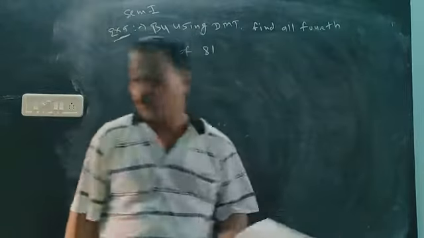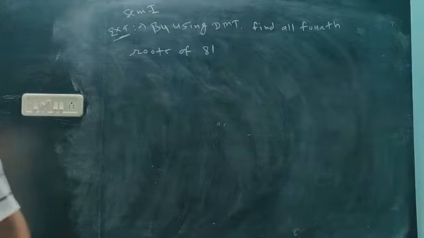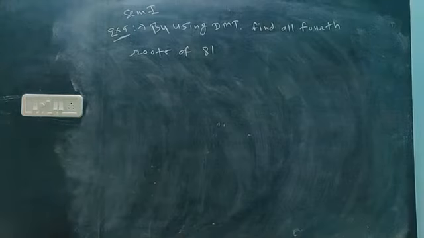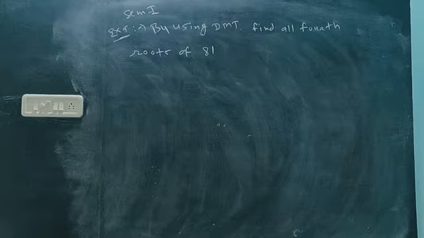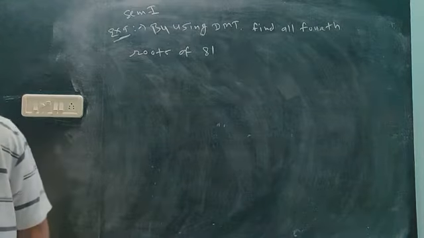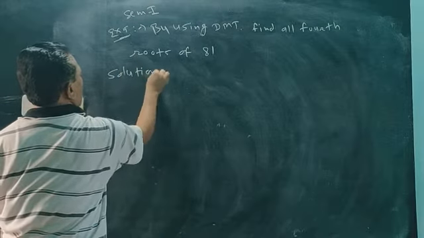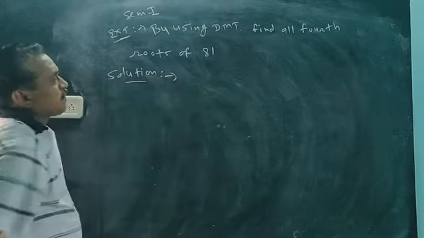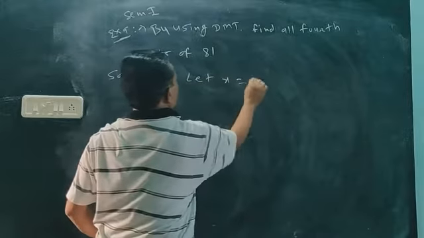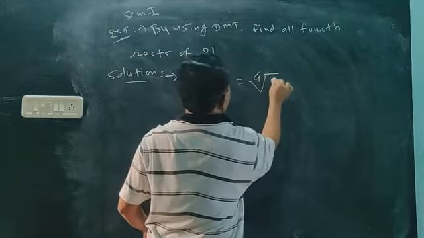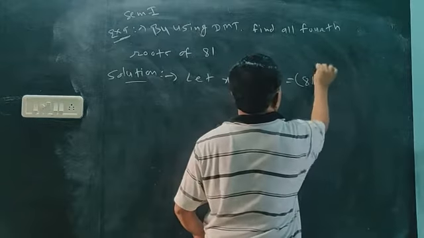Let x equal the fourth root of 81. The fourth root notation means 81 raised to power 1 by 4.